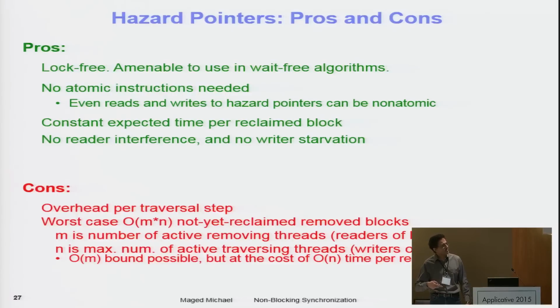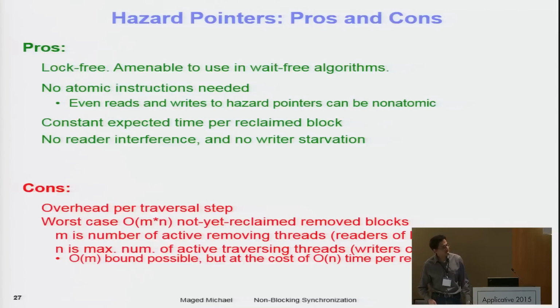No atomic instructions are involved, but there is a memory barrier there because you're writing and then reading, and you need to guarantee that order. It has constant expected time per reclaimed block and no reader interference. So readers don't get in each other's way, and the writer can proceed unimpeded.